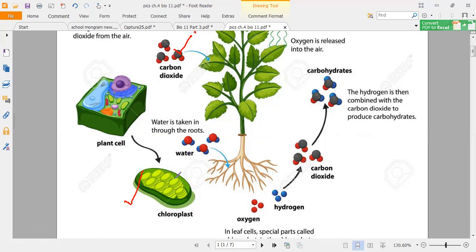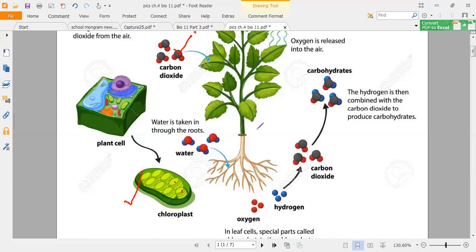The chloroplast is present in the cells as a green organelle, and in it you can see thylakoids, and in the thylakoid the photosynthesis process is done.